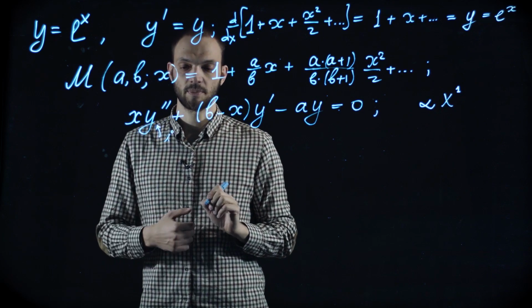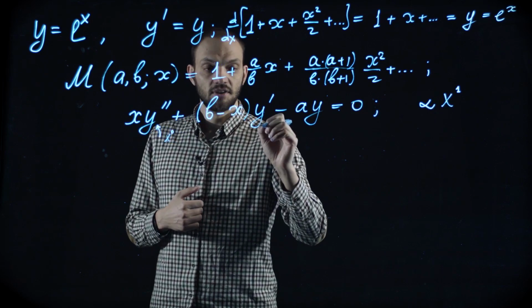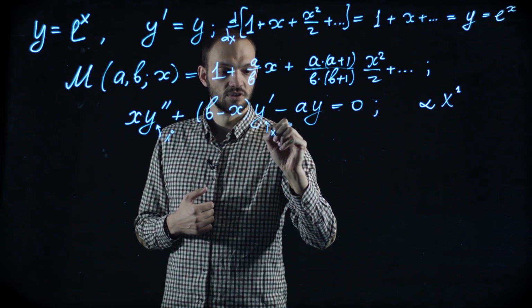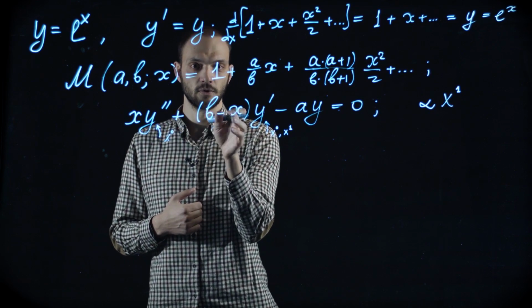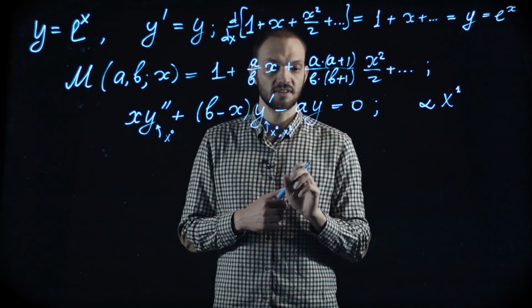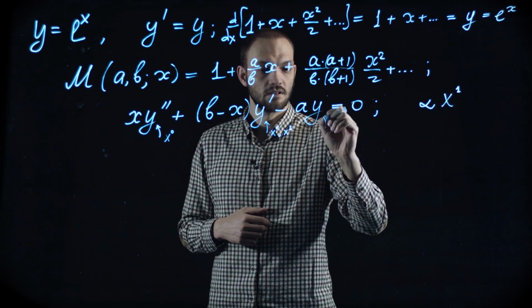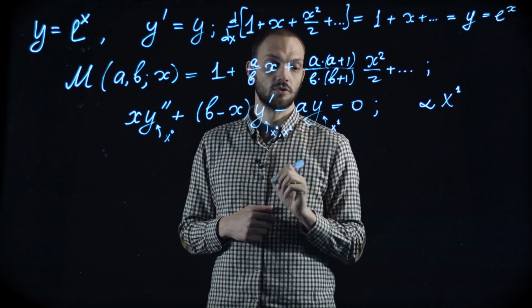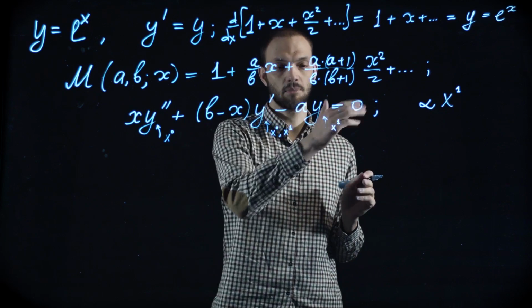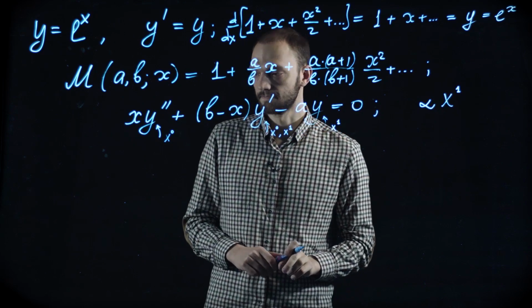In other words, terms proportional to constant. Here, both x to 0 power and x to first power will contribute, as the prefactor has both x-independent and x-dependent parts. And finally, from this term, we have to extract x to the first power. And after all this is combined, let us see what do we obtain.